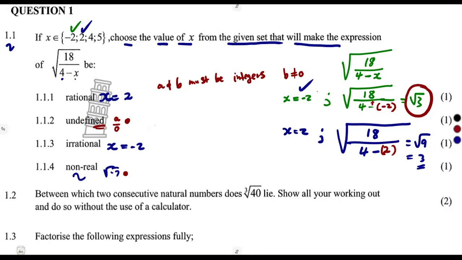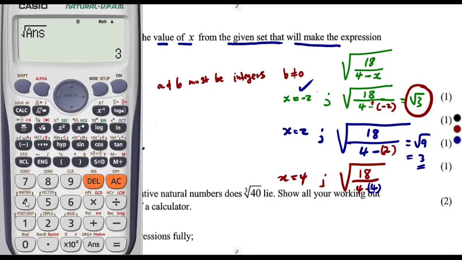All right, let's move on to another one. When x is 4, you're going to substitute 4 in place of x here. That is going to be the square root of 18 over 4 minus 4. So let's just simplify the part under the square root.